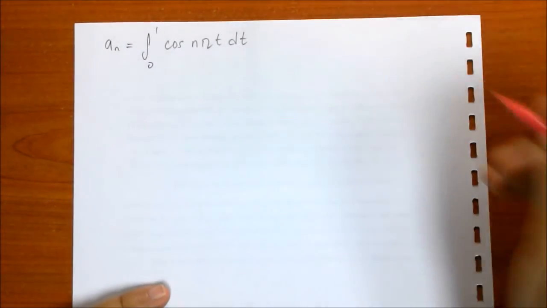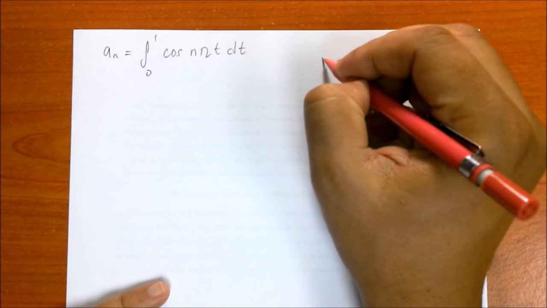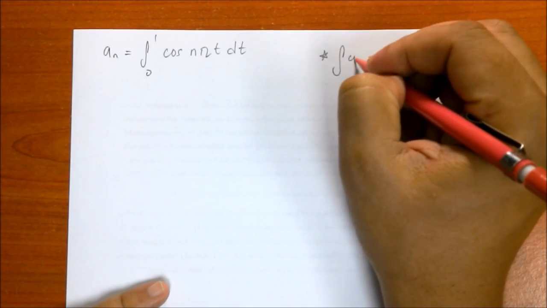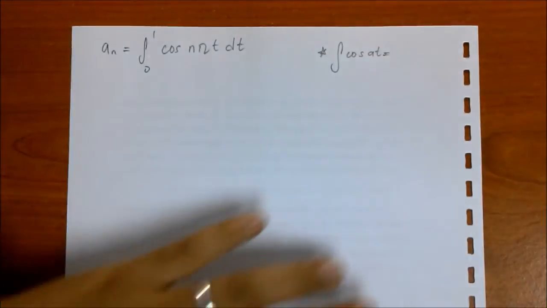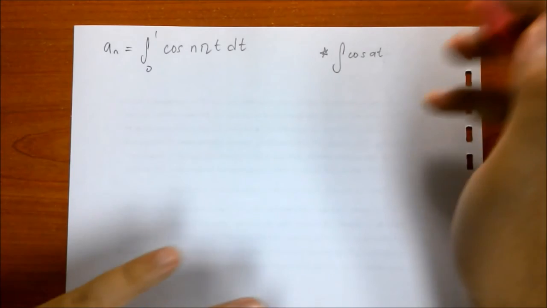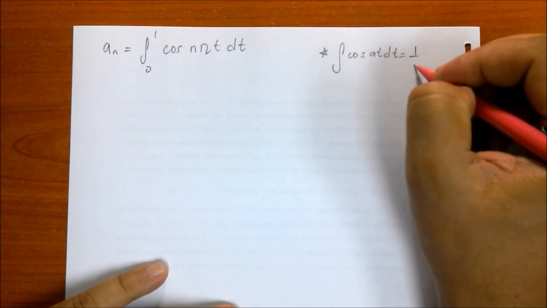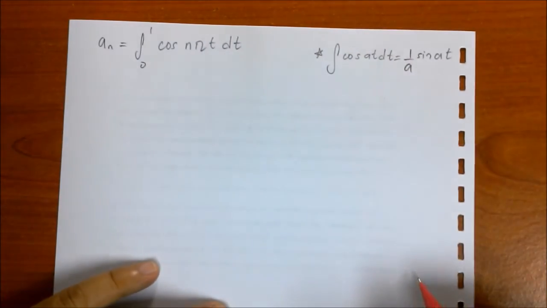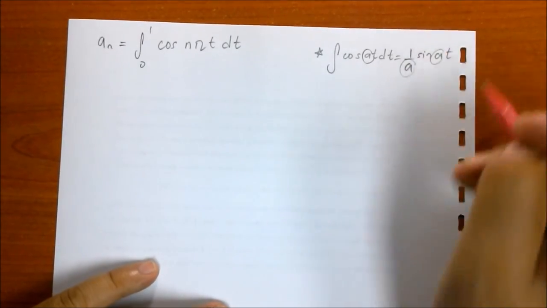Alright, so for the integration of the cosine function, you can simply refer to this formula: the integral of cos at dt is equal to 1 over a times sin at.